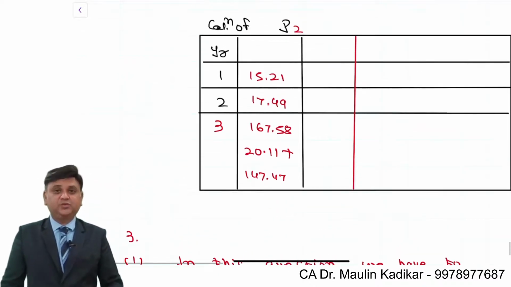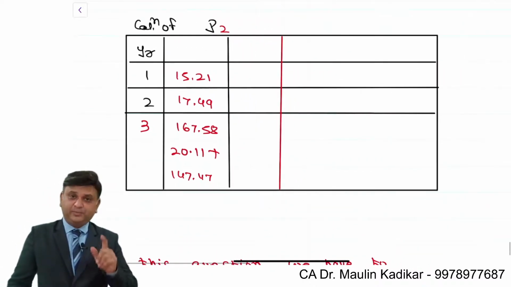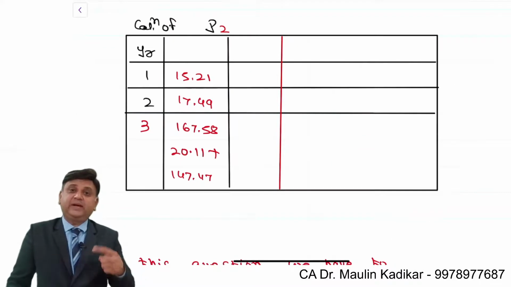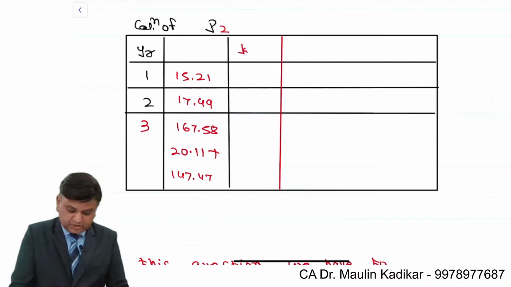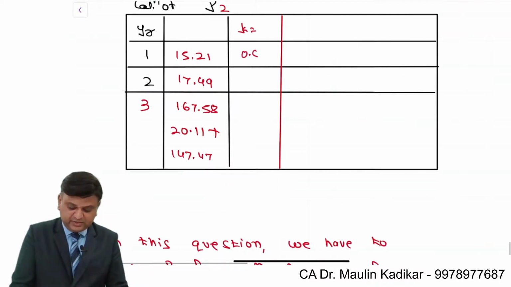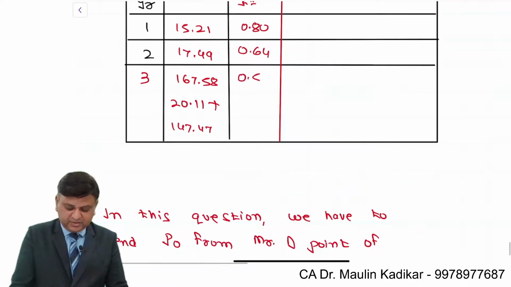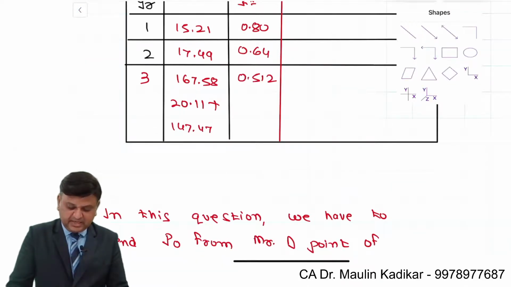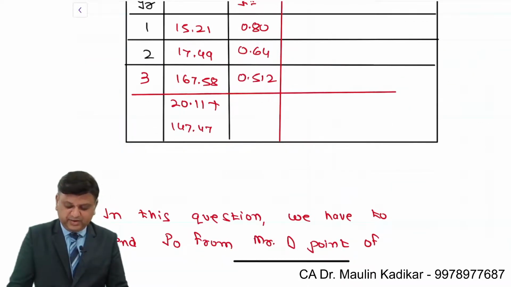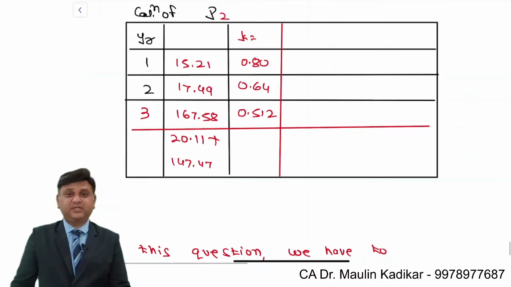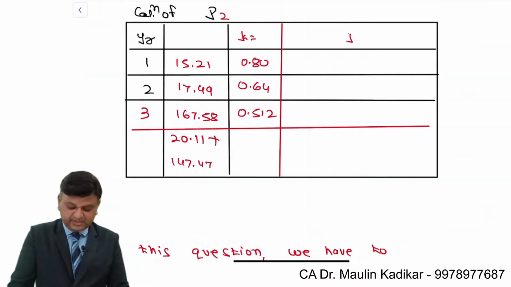These future cash flows will be discounted to the point at which Mr. E is going to buy the security. So for him it is year 0. The discounting will be using the first year factor, second year factor and third year factor, taking year 1 to year 3 factors into account to get the present value.